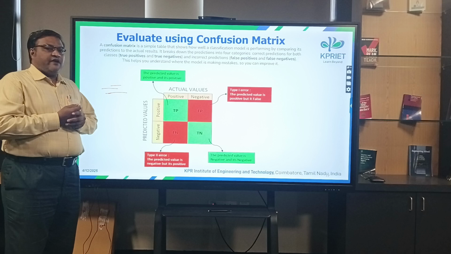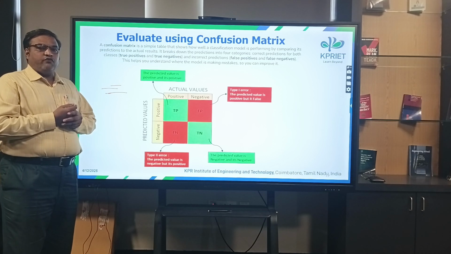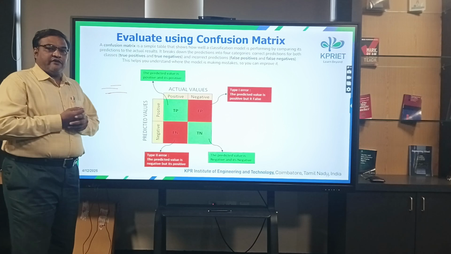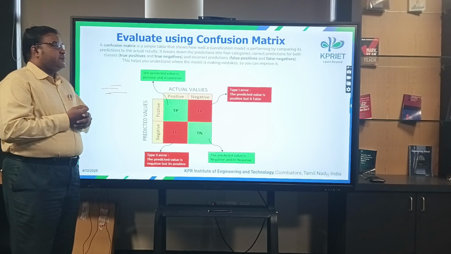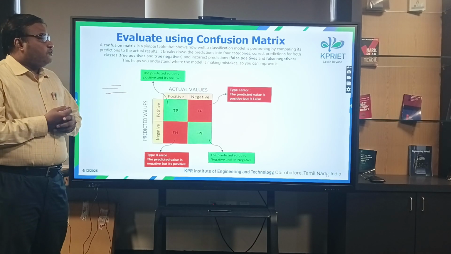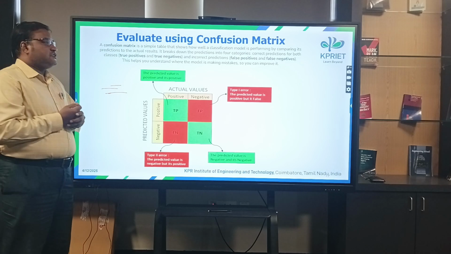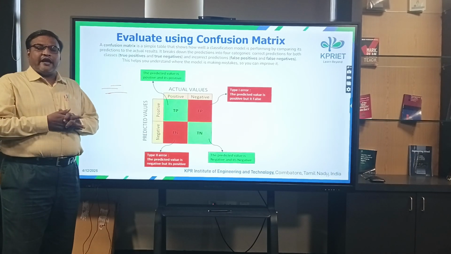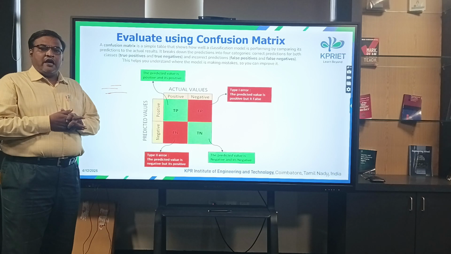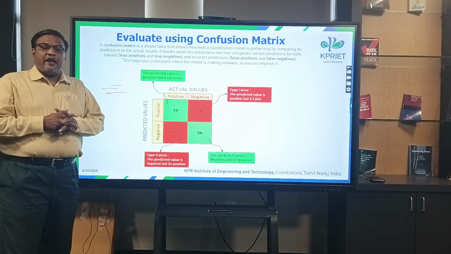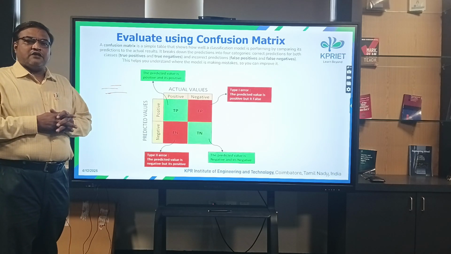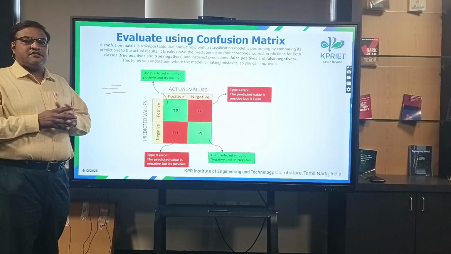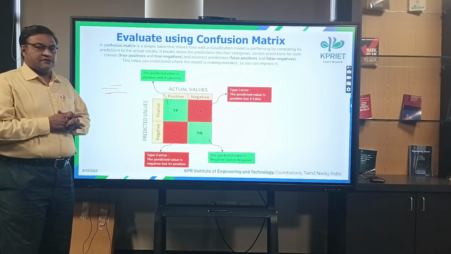We classify the outputs into 4 categories: correct predictions with true positives and true negatives, as well as incorrect predictions with false positives and false negatives. So whenever I am not getting the expected accuracy, by seeing this table I can find out the errors, so that by fine tuning the parameters I can improve the performance.